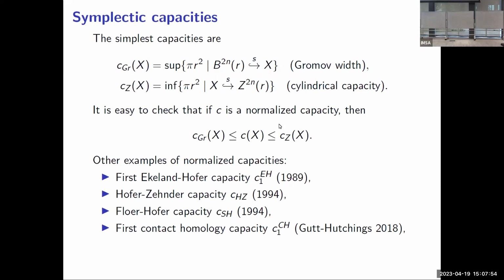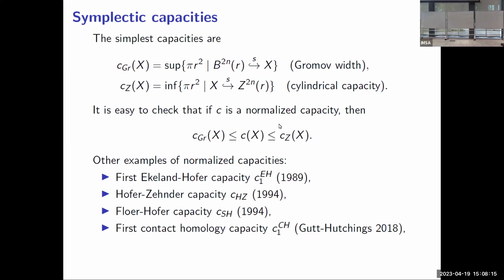And then much more recently, a work of Jean Gutt and Michael Hutchings constructs a capacity from contact homology, which really means positive S1-equivariant symplectic homology. But anyway, something related to contact homology. And if anybody wants more details, I can say something else about it.